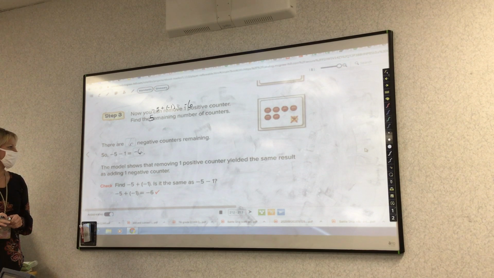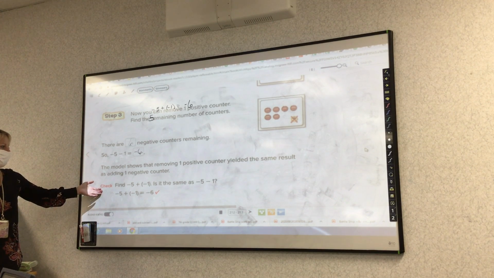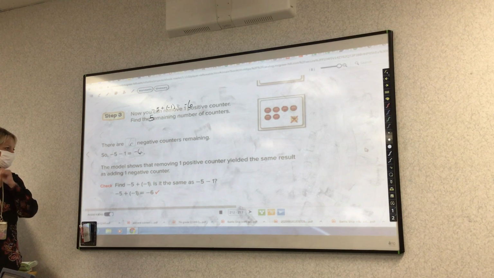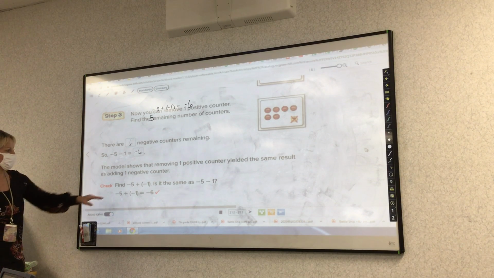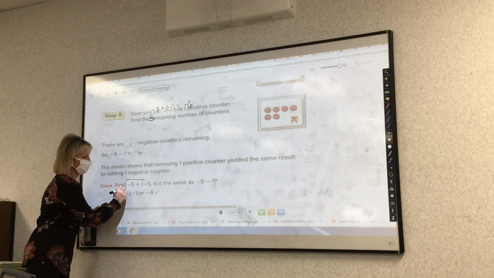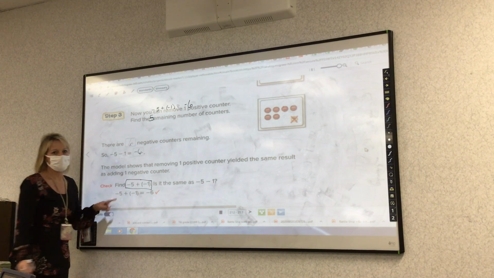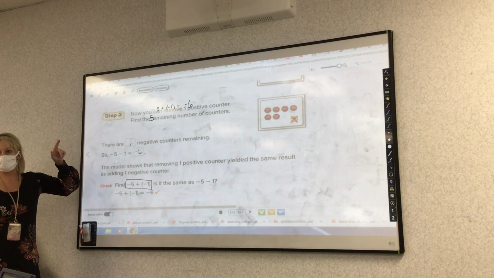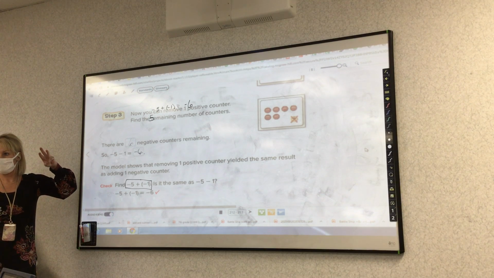It says the model shows that removing 1 positive counter yielded the same result as adding 1 negative counter. To check, find -5 plus -1 is the same as -5 minus 1. This form here was our keep, change, change.